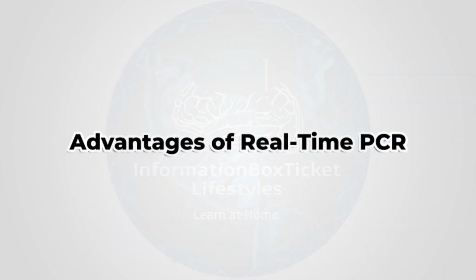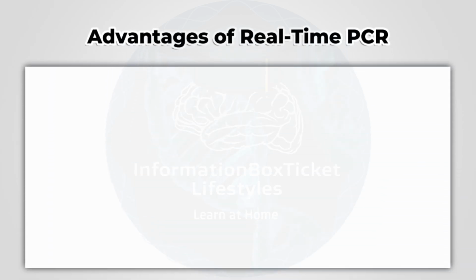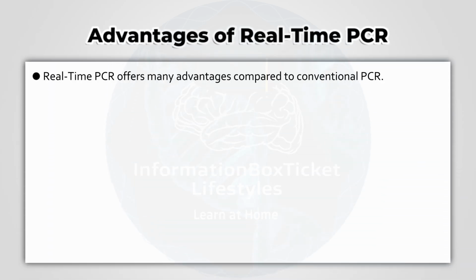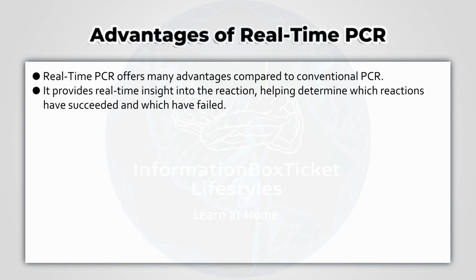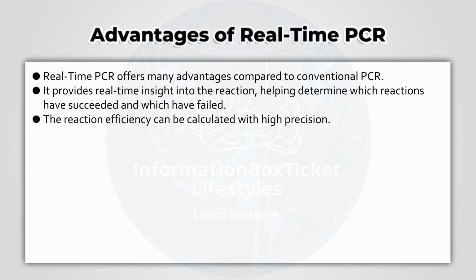Advantages of real-time PCR. Real-time PCR offers many advantages compared to conventional PCR. It provides real-time insight into the reaction, helping determine which reactions have succeeded and which have failed. The reaction efficiency can be calculated with high precision.